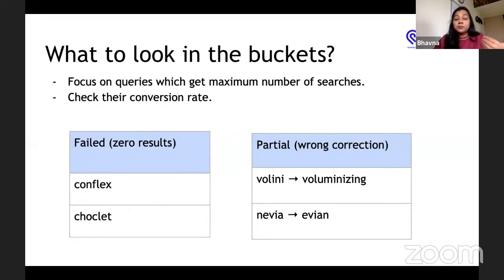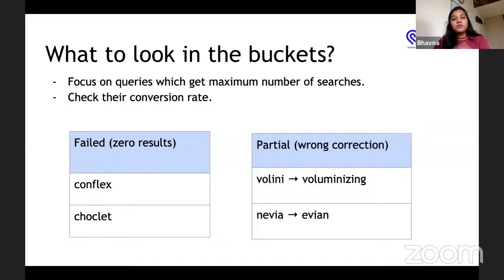Let's say your website has a 50% conversion rate on the search results page. Now, what we did is, we looked at 500 or 1,000 queries which had less than 10% conversion. So that means even though we are showing some results, people are not adding items to the basket. So it clearly means that the search results are off.